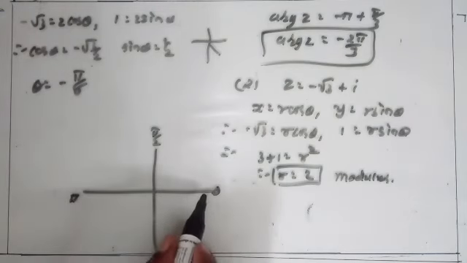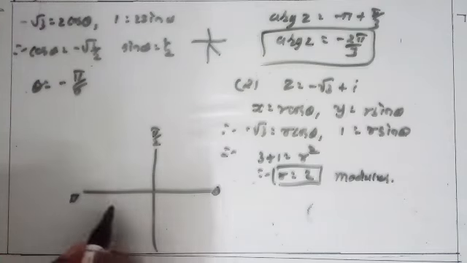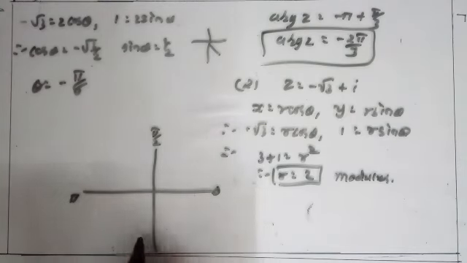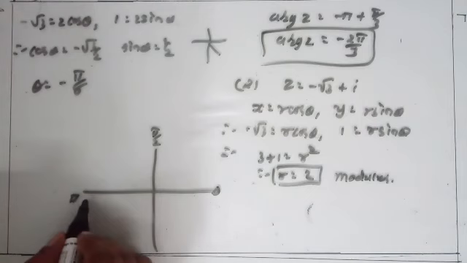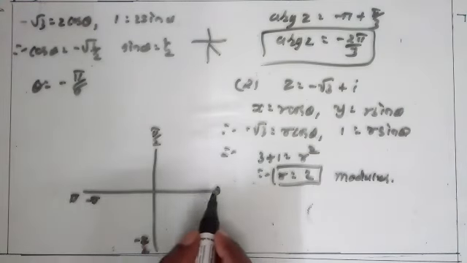And if theta lies in the third and fourth quadrants, like in the third quadrant, then we take minus pi to minus pi by 2, and if in the fourth quadrant, then minus pi by 2 to 0.